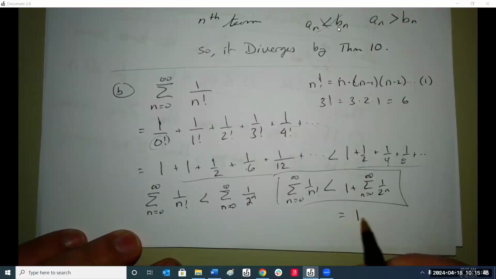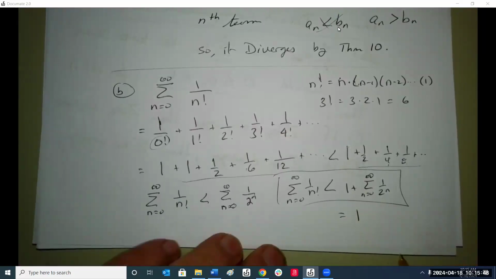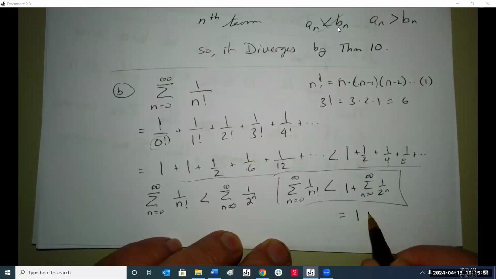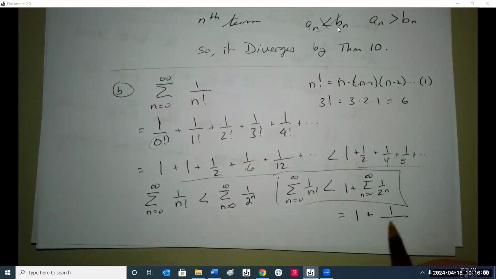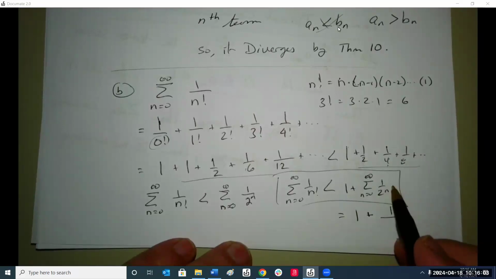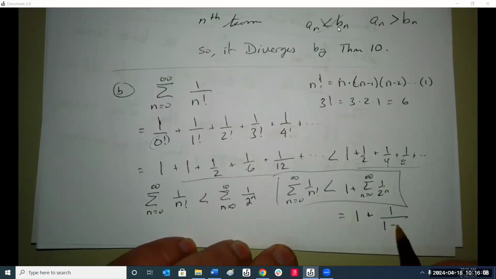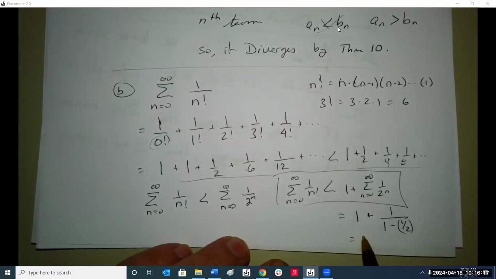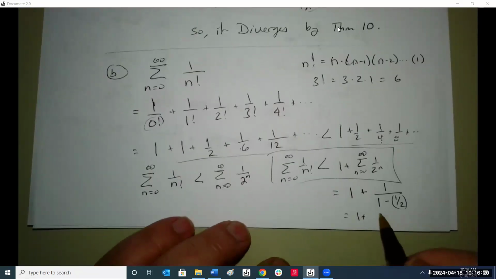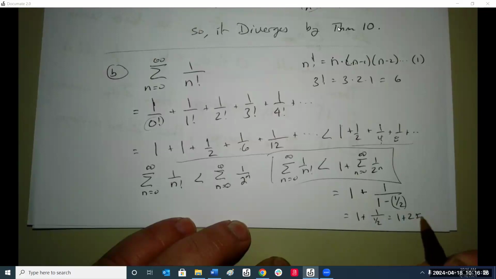So this becomes the sum of 1 over 2 to the n, a geometric series.